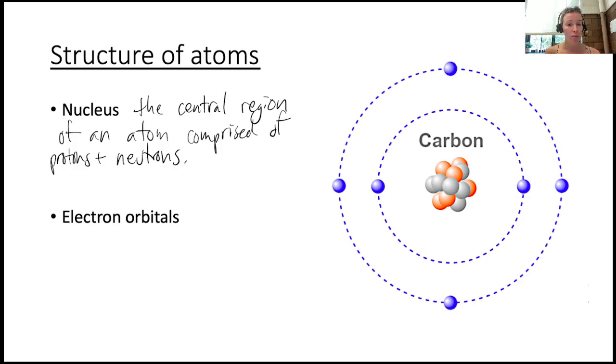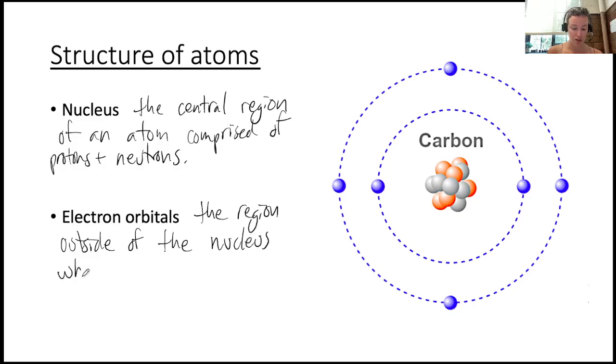The electron orbitals, this is the region outside of the nucleus where electrons can be found.